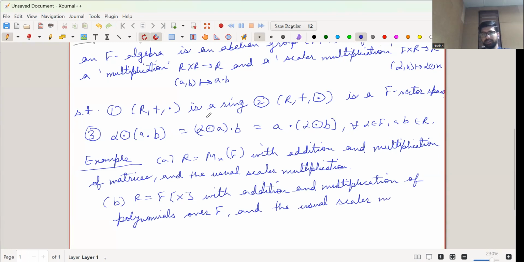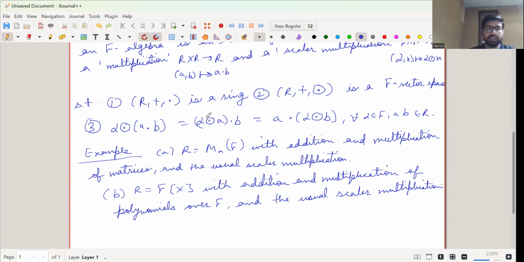Here the usual scalar multiplication means alpha times a polynomial, where you multiply each term of the polynomial with alpha. So then this also is an F algebra.